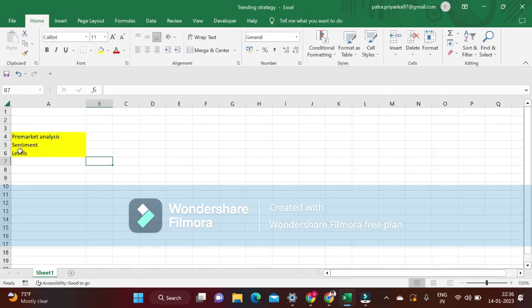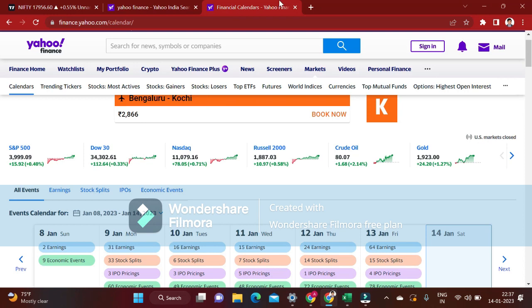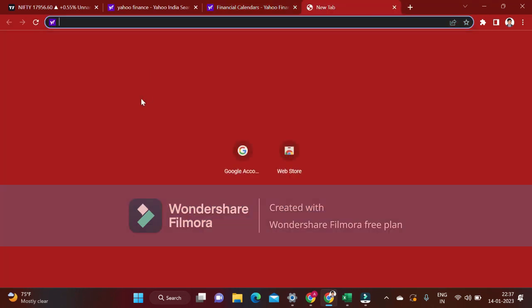Then I go and check what FII and DII are doing. For that I don't go through a lot of things, I just check Stockedge, which is also freely available.